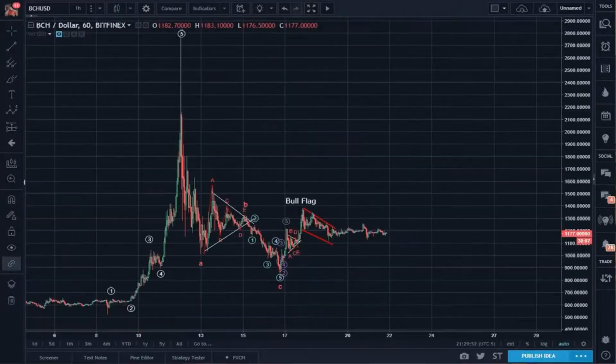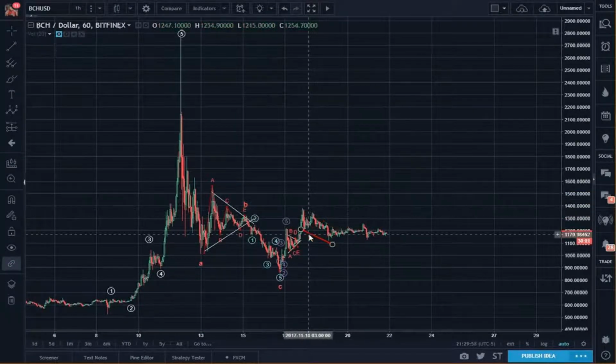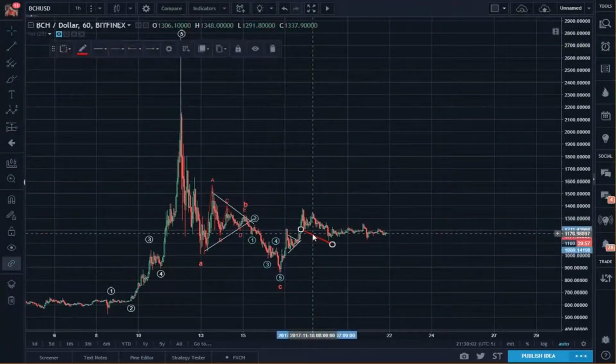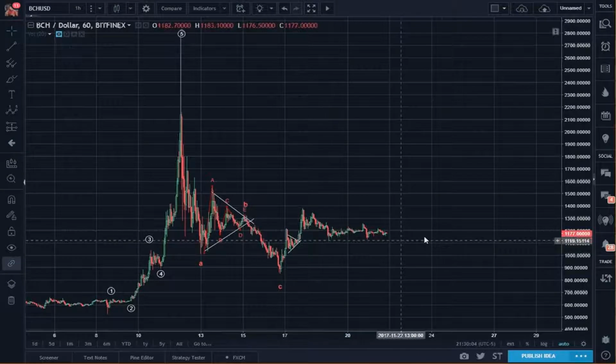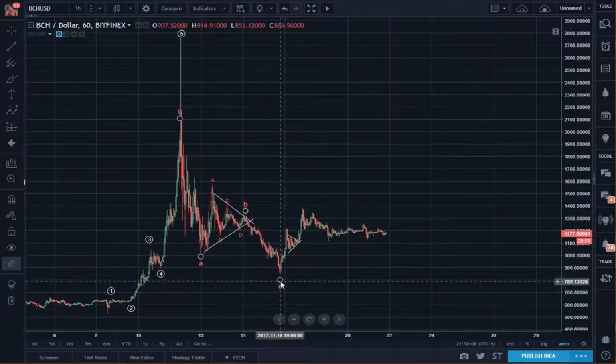So here is Bitcoin Cash. Again, on this one too, I'm going to remove a few of the symbols and labels. So clearly we have an ABC, I believe. Impulse.